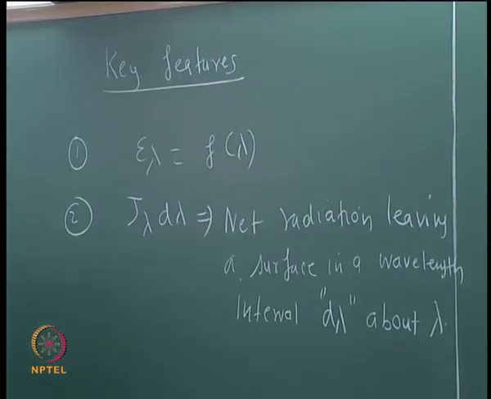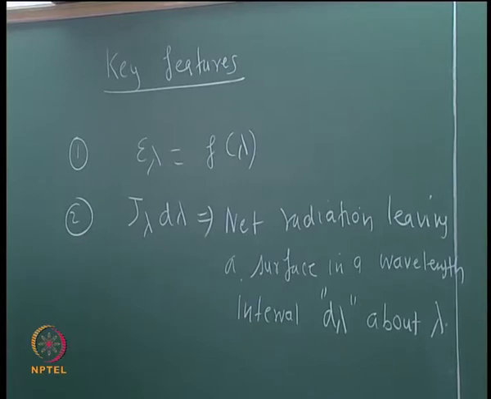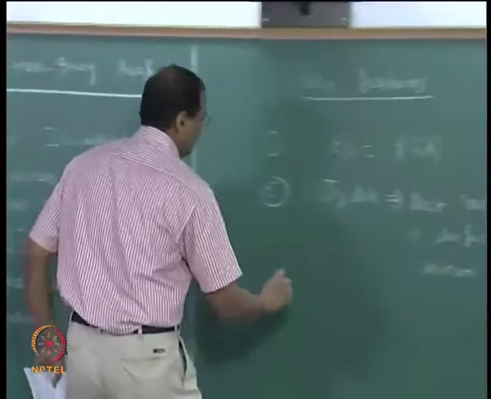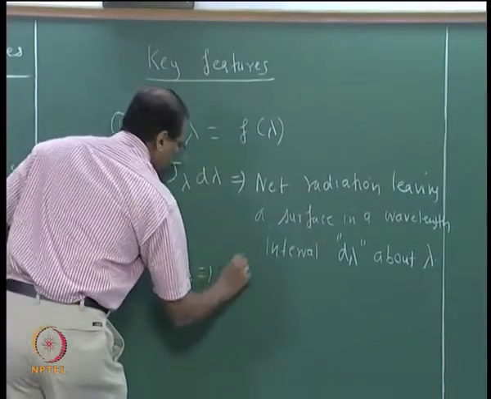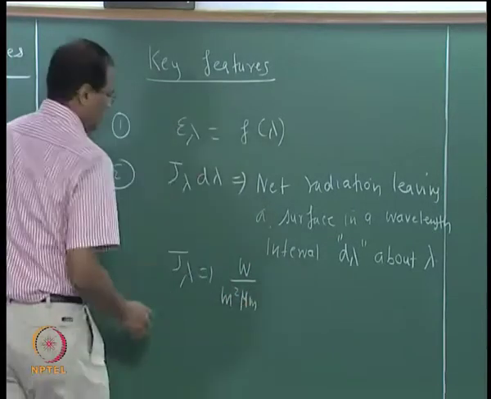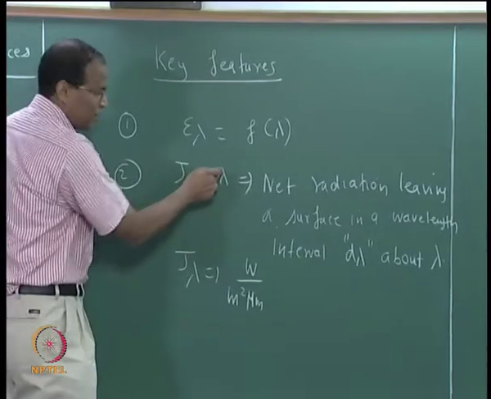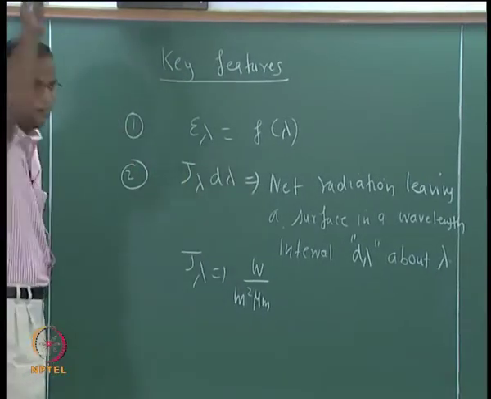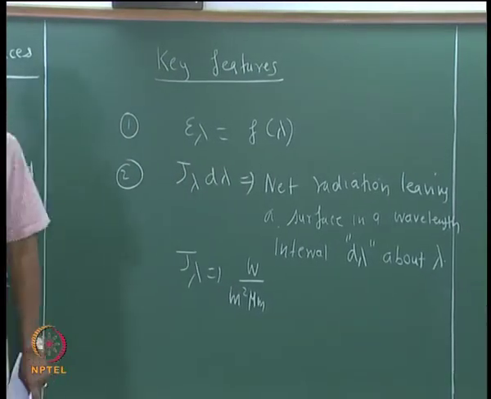What should be the units of J lambda? Watts per meter square per micrometer, so that when watts per meter square per micrometer is multiplied by micrometer, you will get watts per meter square, which is the original unit for radiosity.